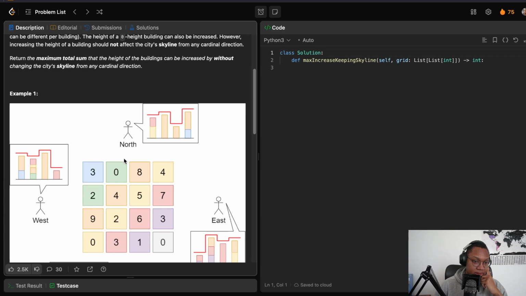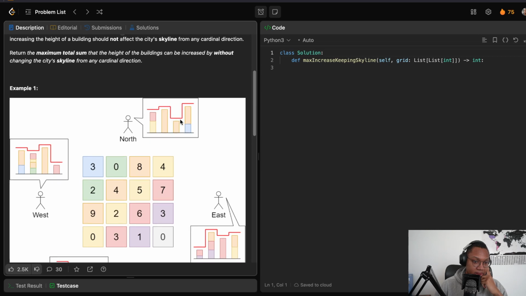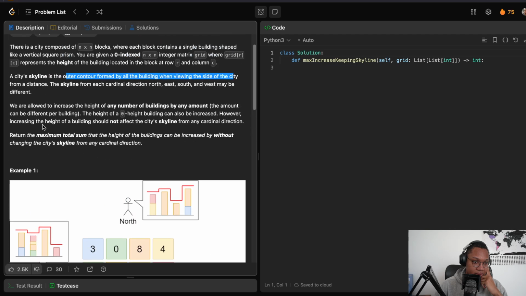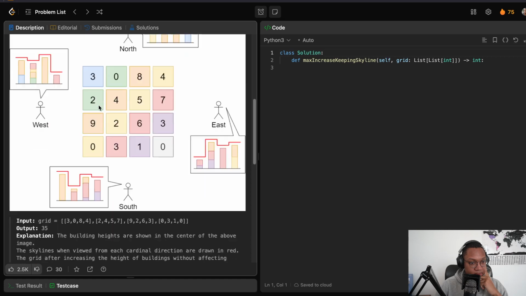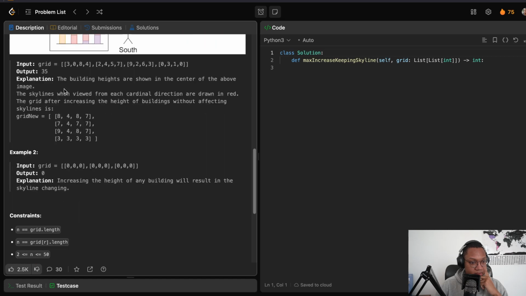We're allowed to increase the height. The skylines, when viewed from each cardinal direction, are drawn in red.